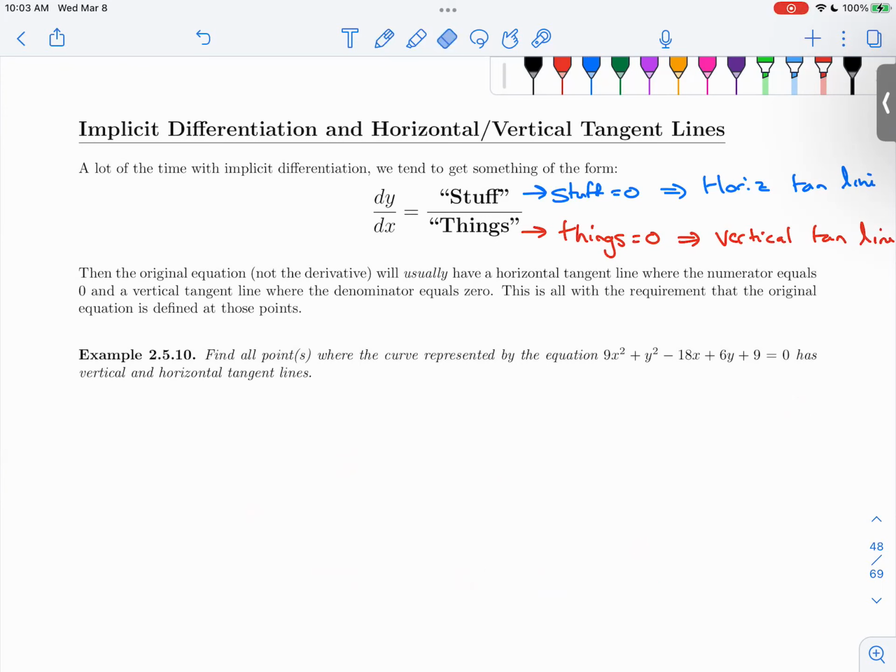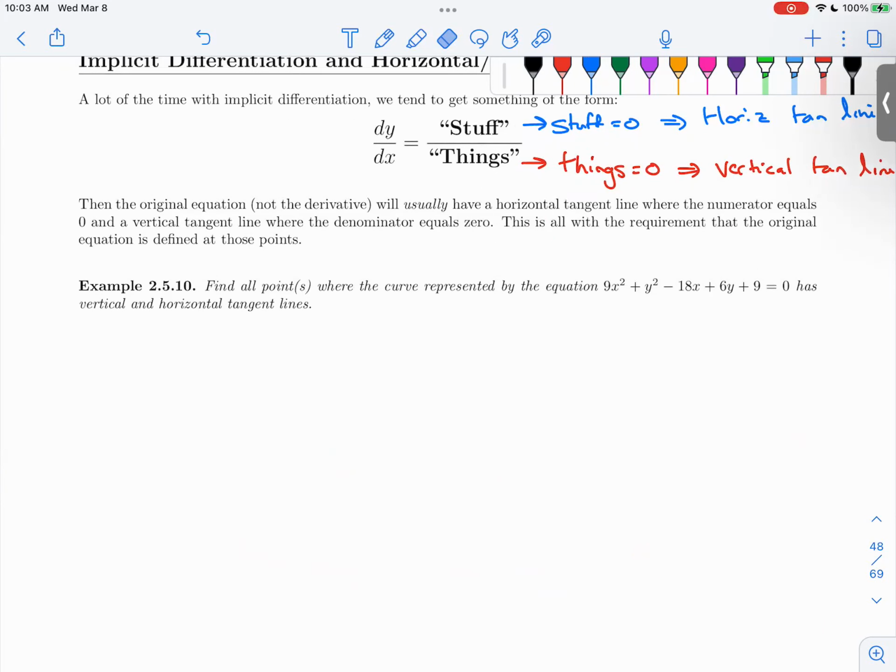So first off, if we're going to find the horizontal tangent lines, we need to find dy dx. So we're going to take d/dx of both sides. I'm actually going to make this larger. So d/dx of 9x squared plus y squared minus 18x plus 6y plus 9 equals d/dx of 0.